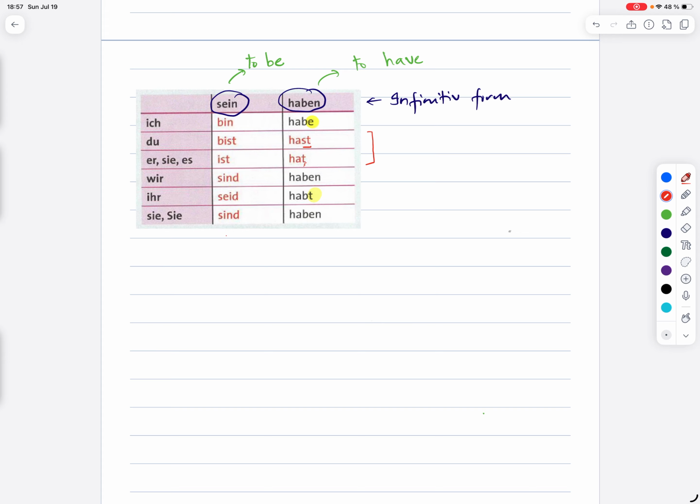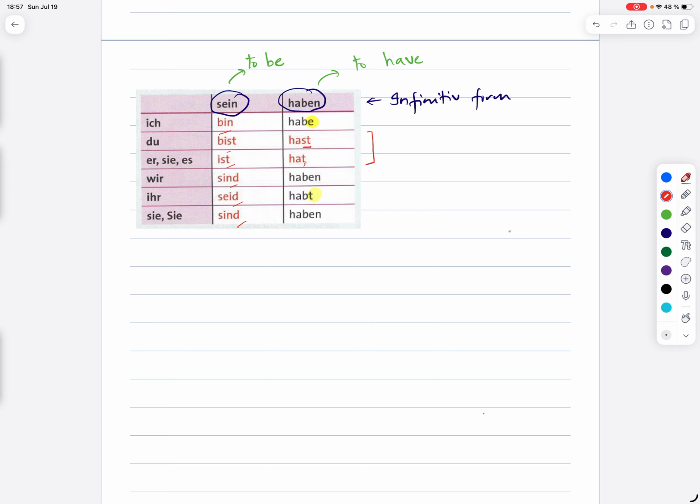Now we look at sein. Sein is fully irregular in all the conjugations, and you can see it's not the conjugation of the stem of sein by removing n or en. So we have sein: ich bin, du bist, er/sie/es ist, wir sind, ihr seid, und sie sind.